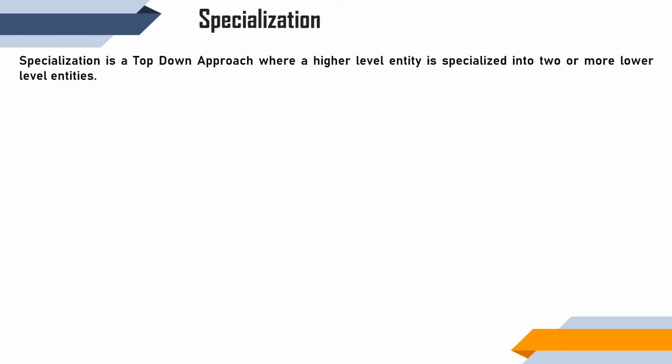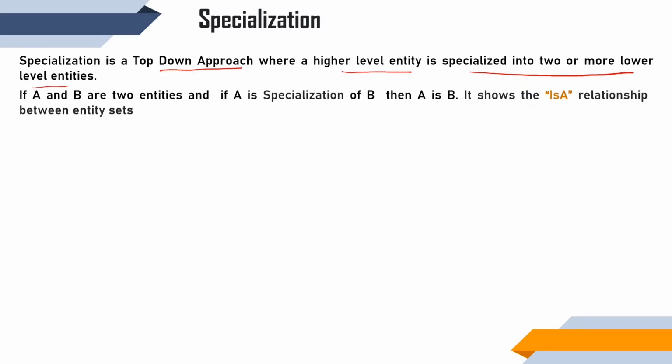First we will start with specialization. Now what is specialization? Specialization is a top-down approach where a high-level entity is specialized into two or more lower level entities. Let's understand with some basic examples. Suppose I have A and B. These two are entities.